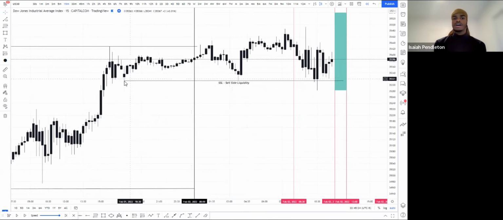So right now, what I saw at that moment, learning from that skill set yesterday and implementing it really fast today, is I saw equal lows, and this is usually how I trade, learning from ICT.